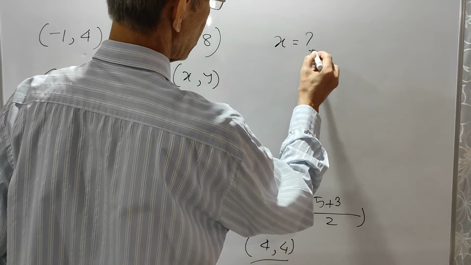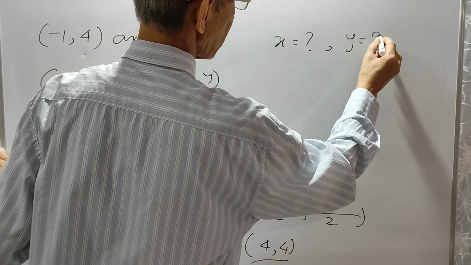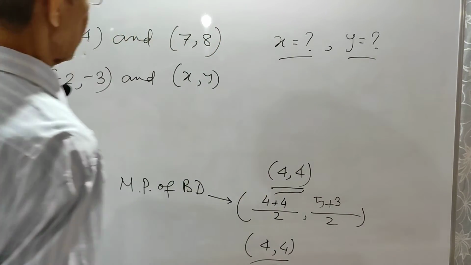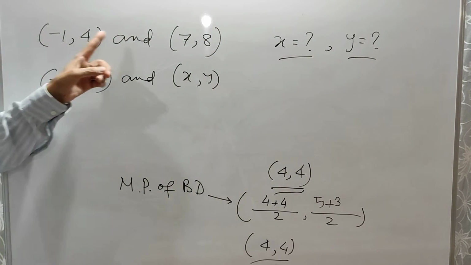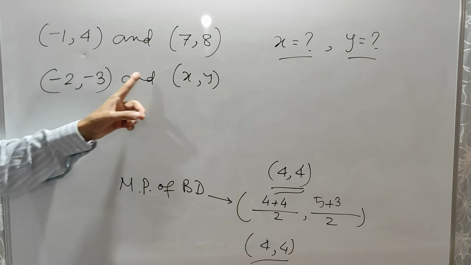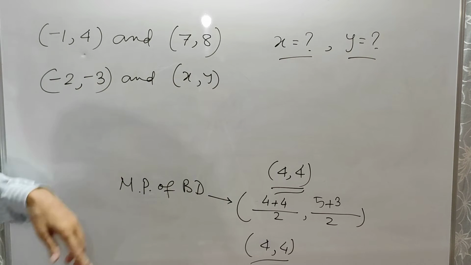So x equal to what? Y equal to what? That is the question. So the line joining these 2 points and the line joining these 2 points bisect each other.